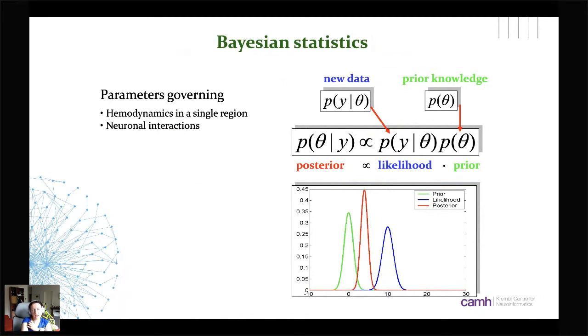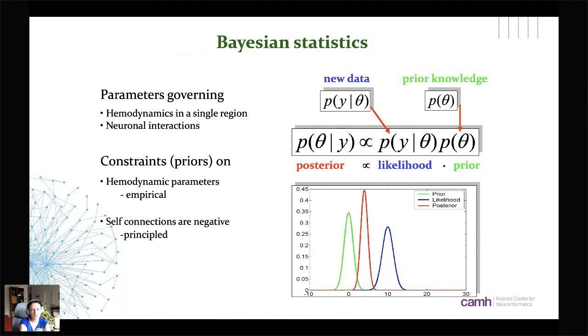Okay, so again, some parameters are principled, such as blood volume is always positive, and the self-inhibitory connection is negative. We have some constraints on hemodynamic parameters that are based on empirical data, empirical measurements.